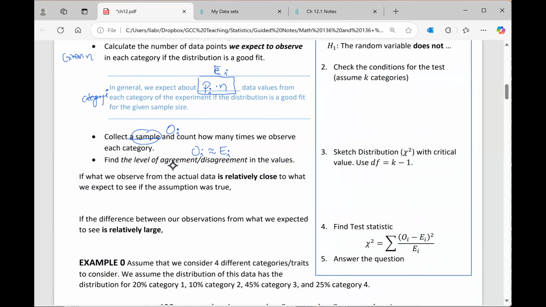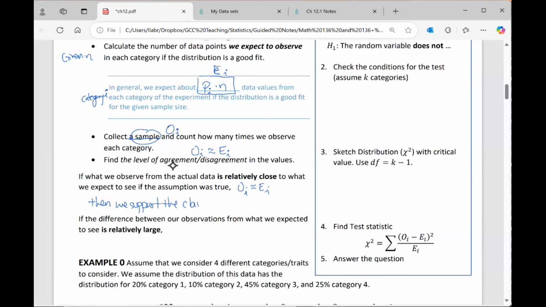If the answer is yes, so if OI is relatively close to EI for every category, that's what we expected to see, because the observation was that, yes, my data does follow this distribution. Then there is evidence to support the claim. We support that the data follows the claim distribution.